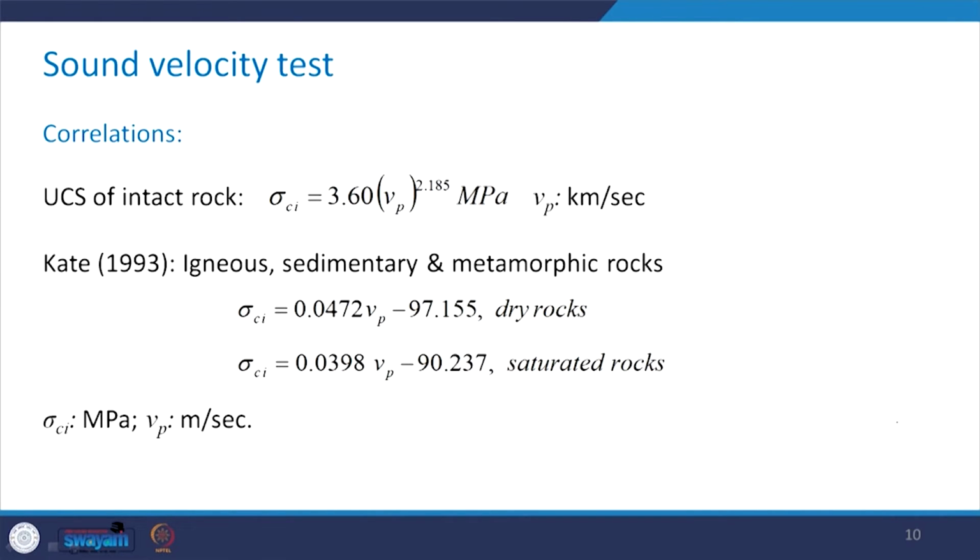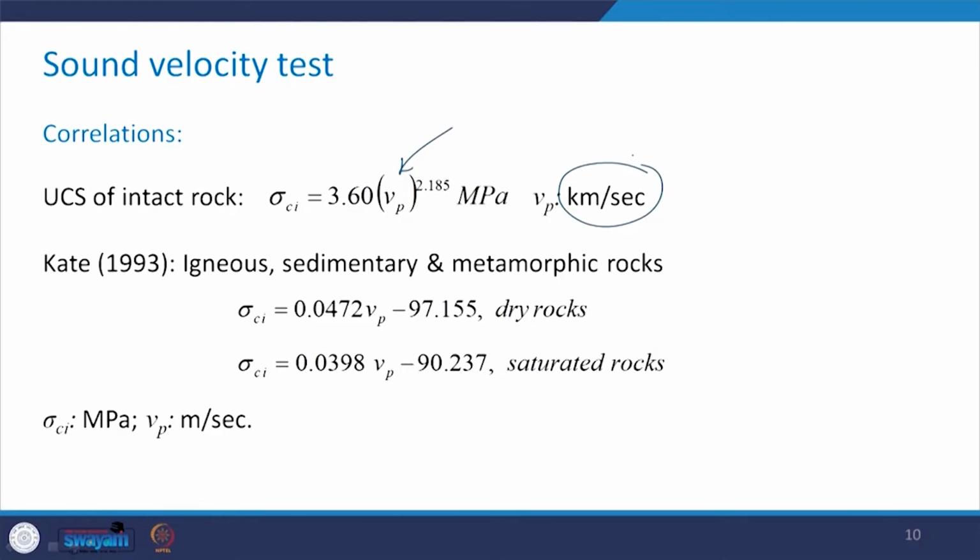The UCS of the intact rock can also be obtained from the test result. We have the velocity of the P wave. That is to be given as an input in this expression in kilometer per second, and you use this expression, that is 3.6 into Vp to the power 2.185, and you will get the UCS of intact rock in megapascal.